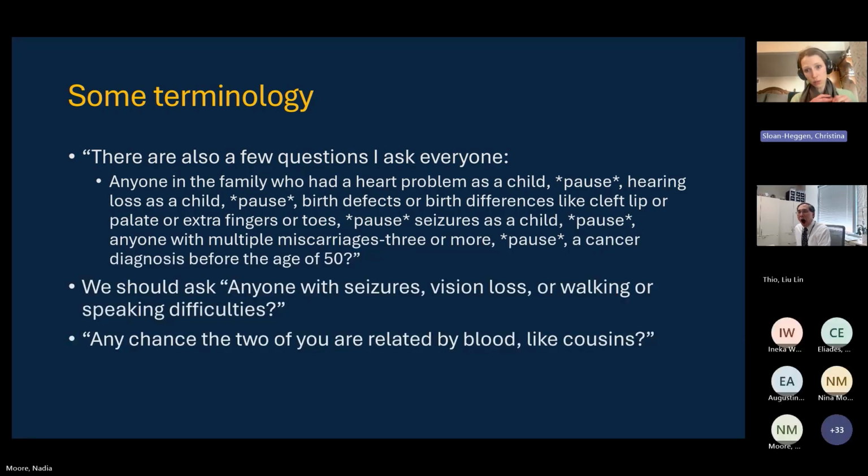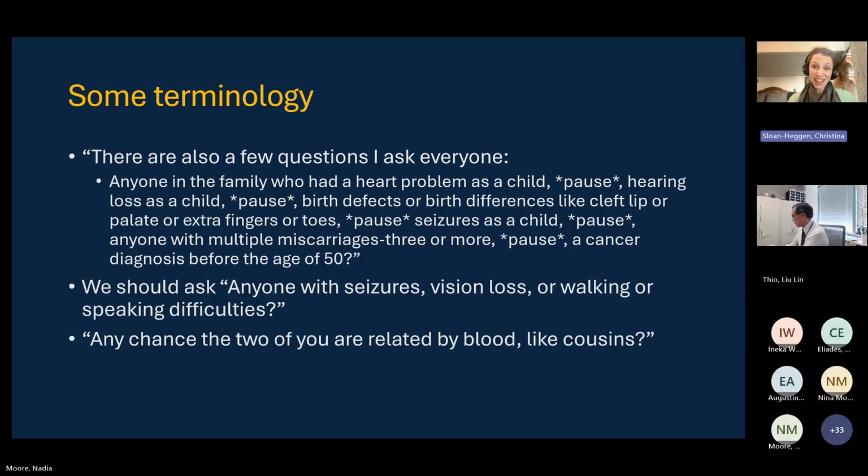More important for us, we want to make sure that we are double checking all of the traits that could be associated with our phenotype of interest. So does anybody in the family have seizures or vision loss or walking or speaking difficulties or developmental regression? Asking about those things can be really important.